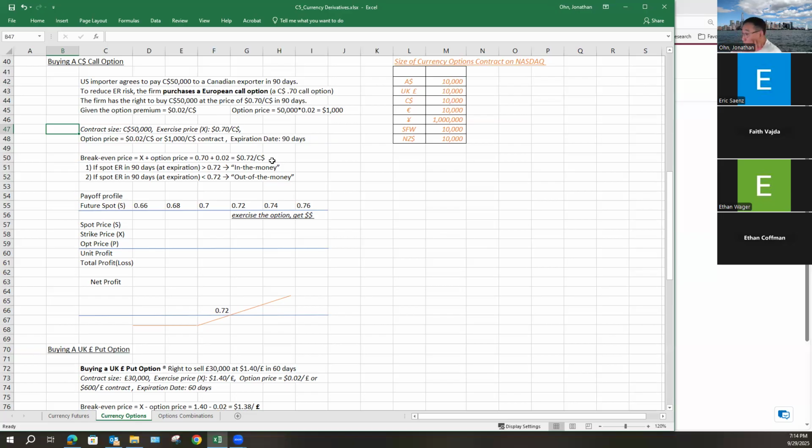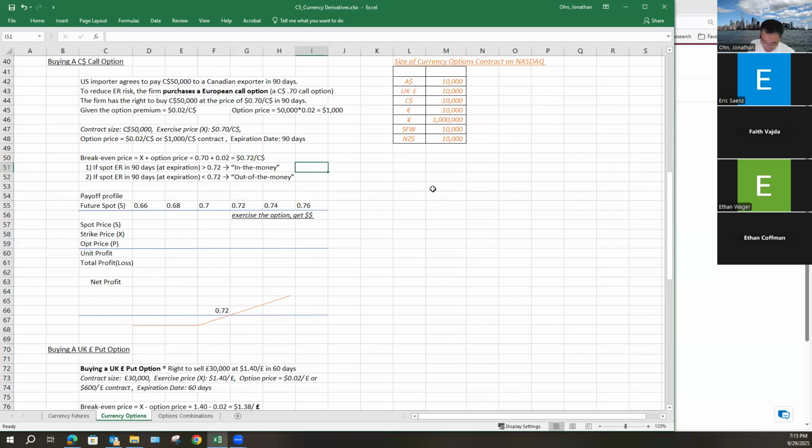Break-even price. That means if the spot exchange rate in 90 days, at expiration, is greater than 0.72, if the future spot rate is greater than the break-even point, it is called you are in the money. Let me explain.